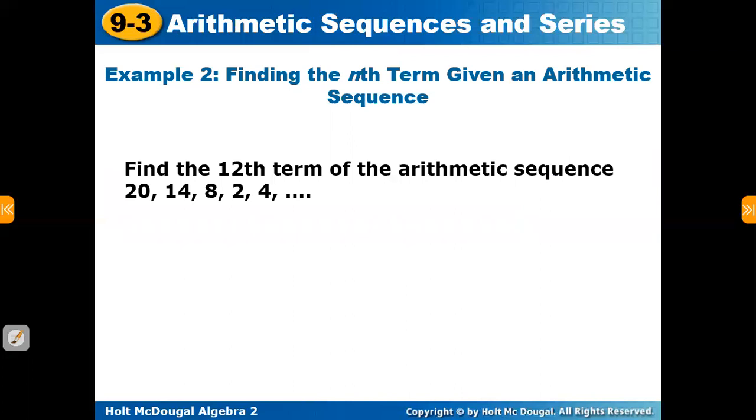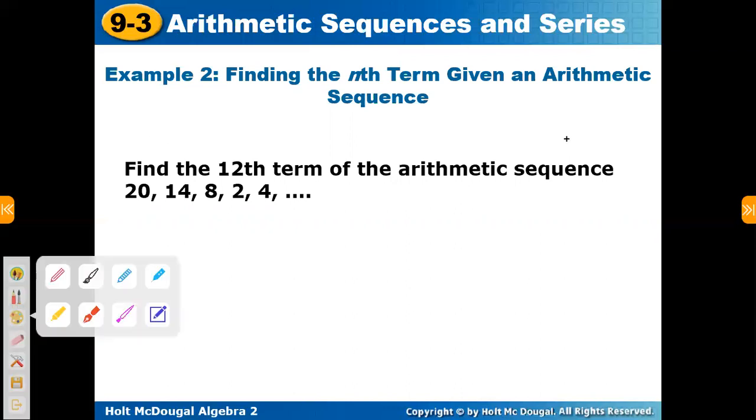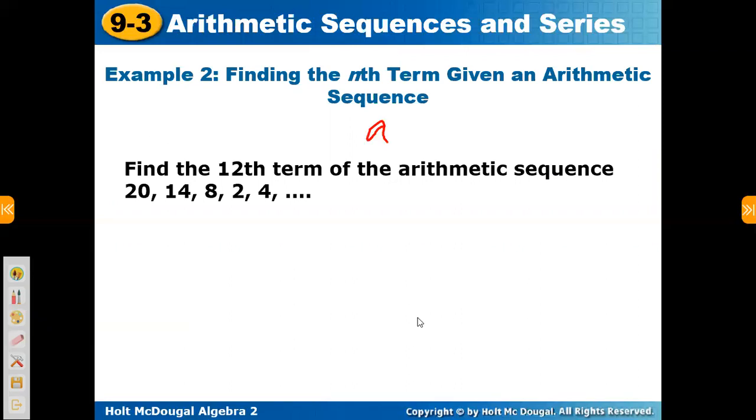Example 2: I have to find the nth term given the arithmetic sequence. I'm given the arithmetic sequence and asked to find a particular term of the sequence. First of all, what do I need from the formula? an is a1 plus n minus 1 into d, right?